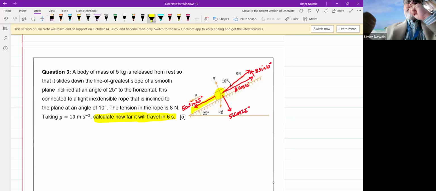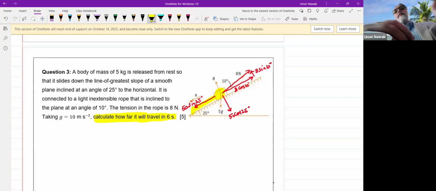Yes, it is going down. So the angle is given. It is connected by a light inextensible string to a plane. The tension in the rope is 8 newtons. So how far will it travel in 6 seconds?